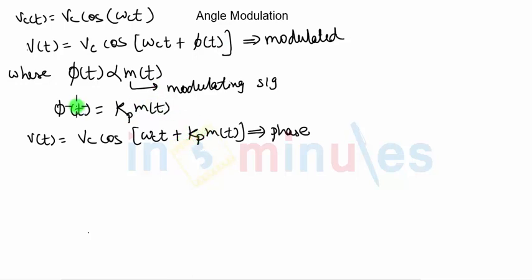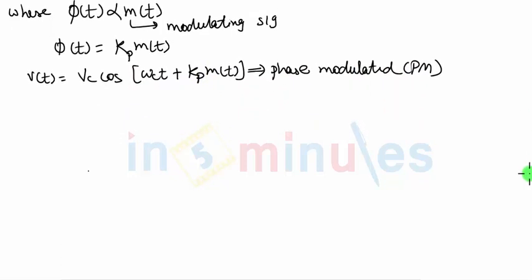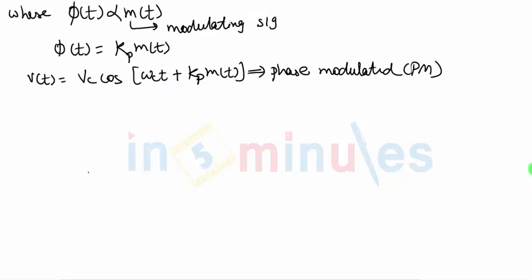So because phase is varying in proportion to the modulating signal amplitude, with amplitude of the modulated signal remaining constant, the signal that I have taken is nothing but phase modulated signal. We will be referring to this as PM. Now let us quickly try to understand whether the frequency is also kept constant like the amplitude.